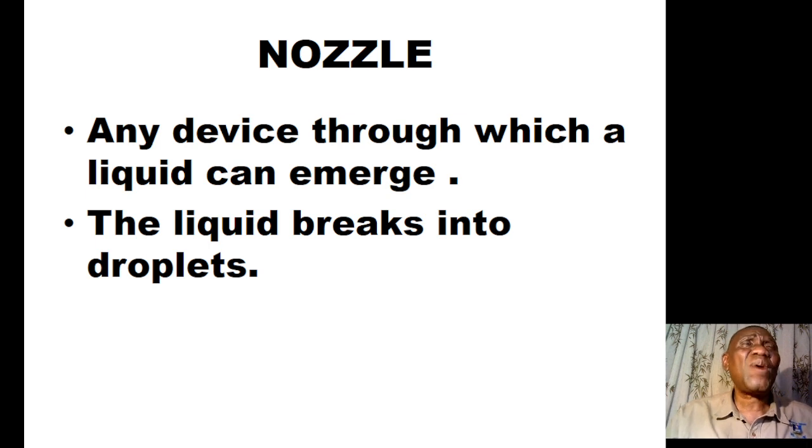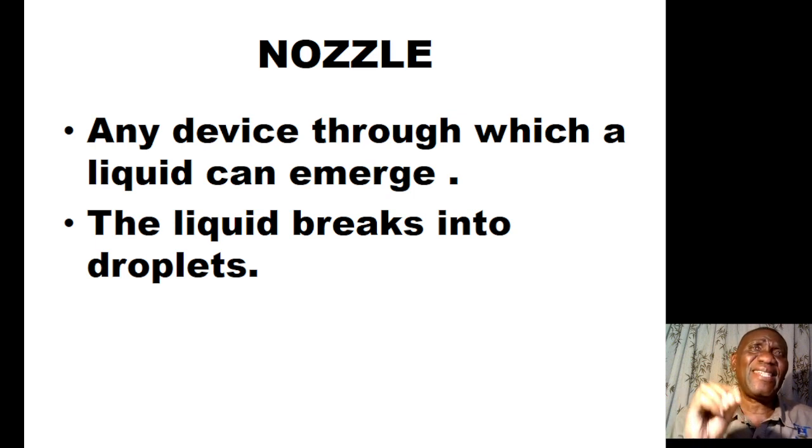So now we want to zero in on the part which really creates these droplets. Now that we know that the droplet size can vary, what makes them variable?